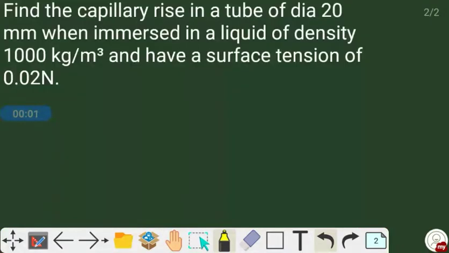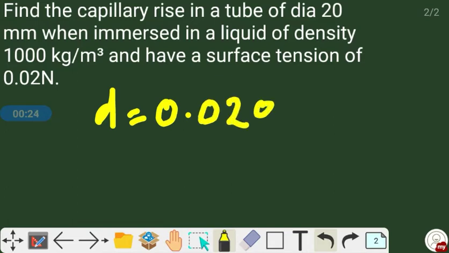So guys, the question reads like, find the capillary rise in a tube of a dia 20 mm when immersed in a liquid of density 1000 kg per meter cube and have a surface tension of 0.02 Newton. Okay, so the dia is given, that is 0.020 meter.